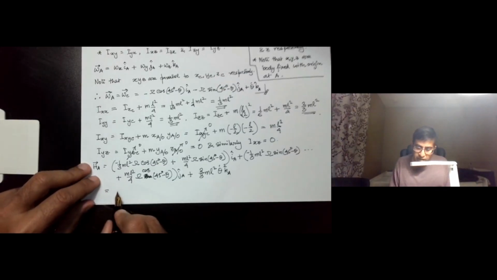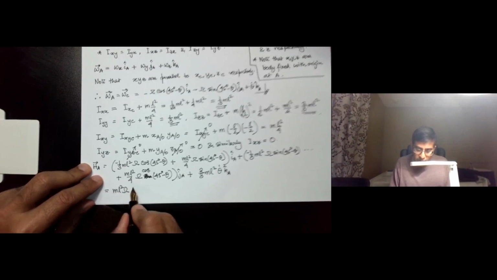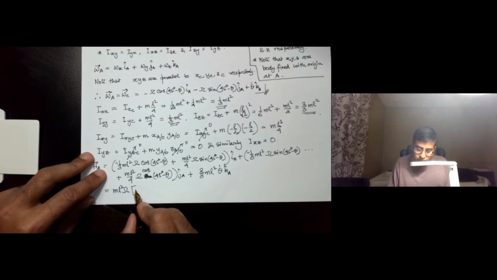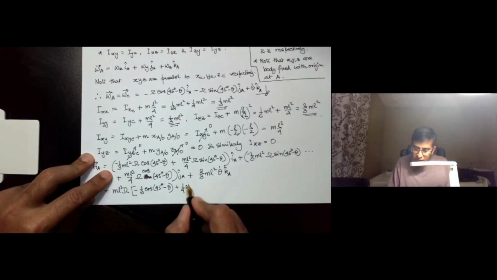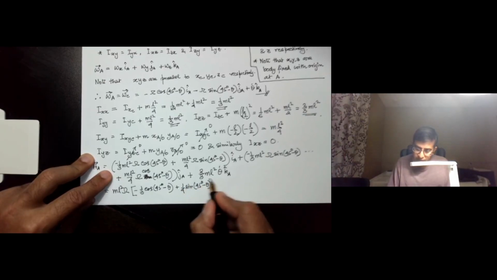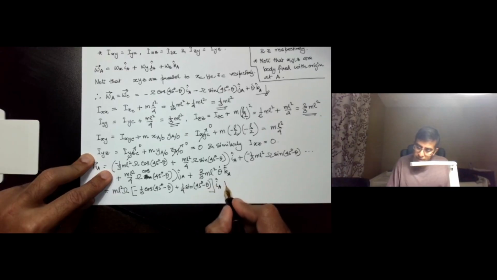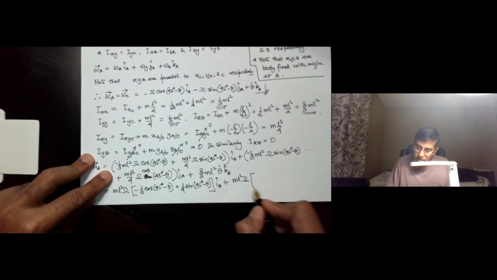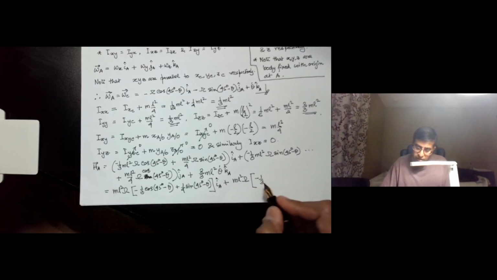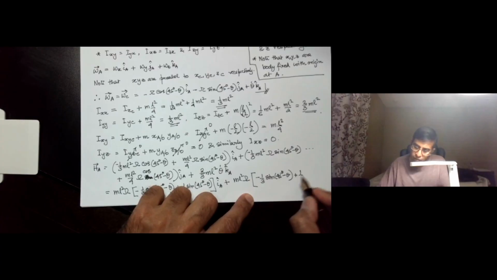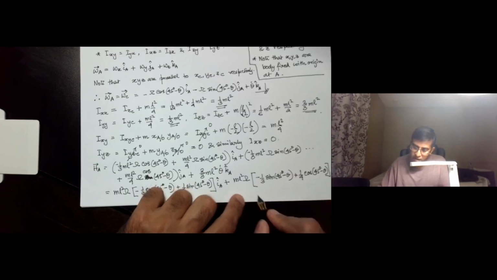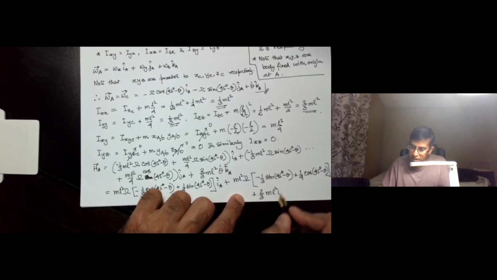I mean, we can simplify this a little bit and write it as ml squared capital omega times negative 1/3 cosine 45 degrees minus theta plus 1/4 sine 45 degrees minus theta, IA, plus ml squared capital omega times negative 1/3 sine 45 degrees minus theta plus 1/4 cosine 45 degrees minus theta, that's JA, plus 2/3 ml squared theta dot KA.